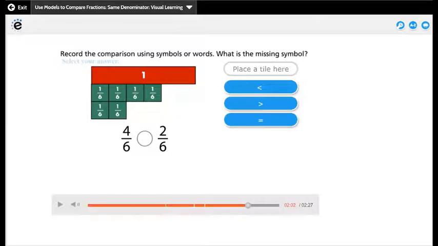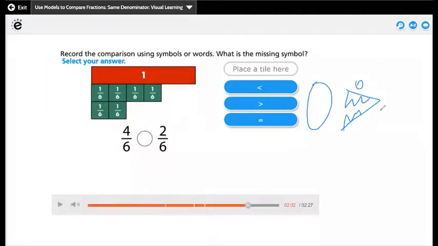Select your answer. Here, we should know how to use these symbols. As I told you before, with this sign, the crocodile will eat the greatest number or fraction if it's on this side. If the greater number is on this side, the crocodile will eat the greatest number.